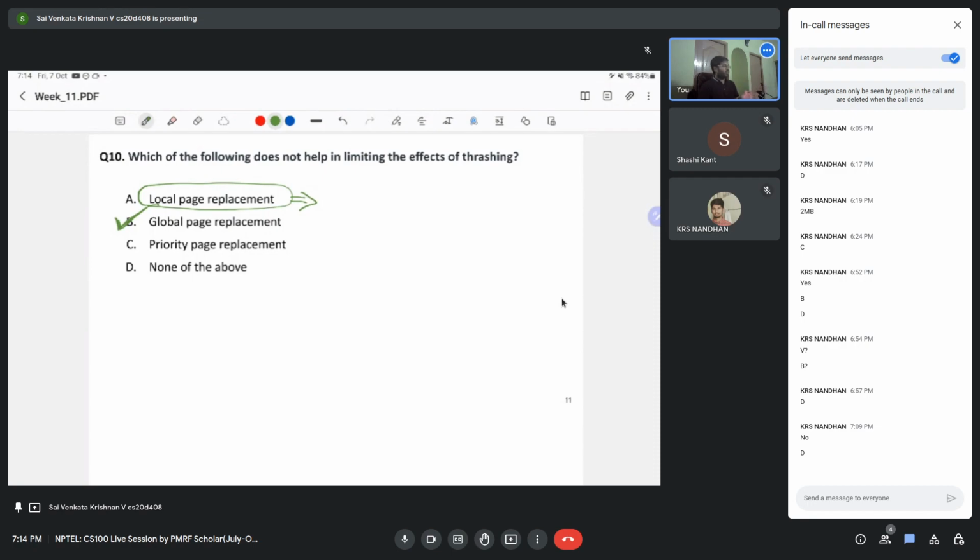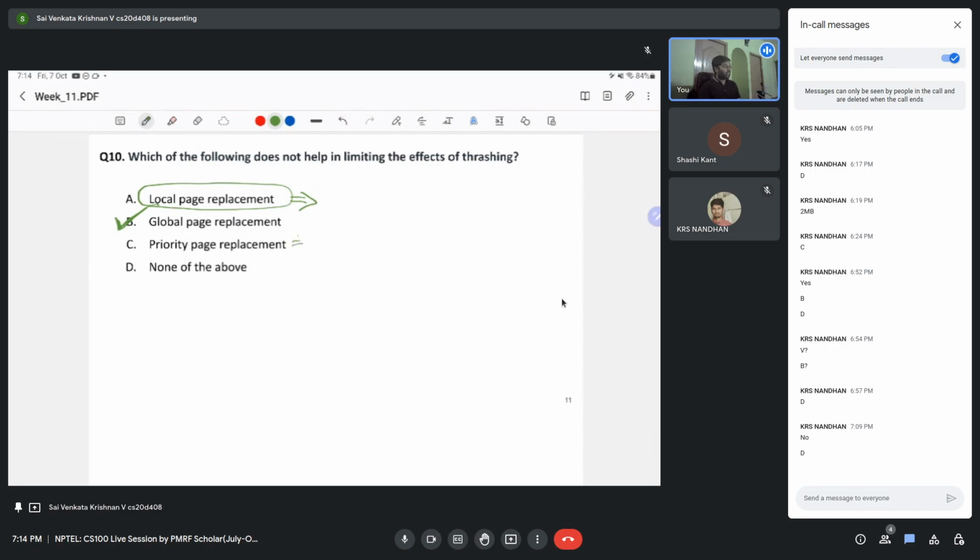Whatever frames it has been allocated, within that only it can replace and bring in the extra pages. So local page replacement doesn't get affected by this thrashing scenario actually.